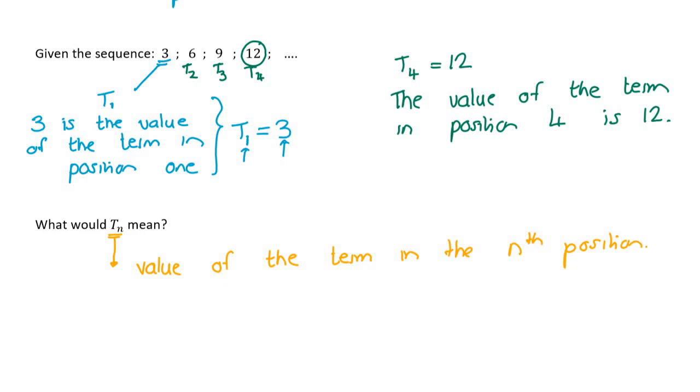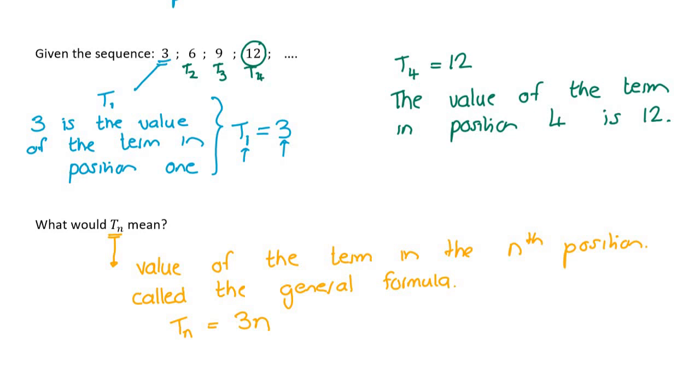So this is called the general formula. If you can find an expression, that is an equation, that represents this sequence, that's called the general formula. So in this particular example, let me show you. This particular example would be 3n, would be the value of the term in the nth position, simply because that's the formula that can predict the term in every single position.